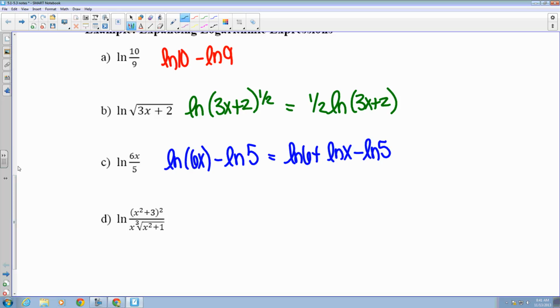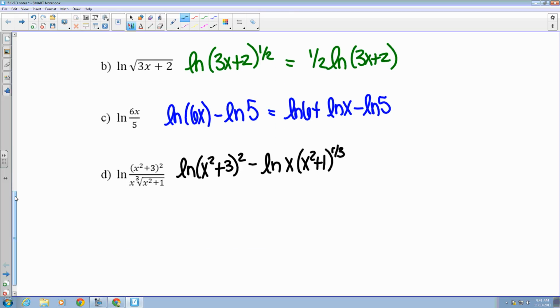And D gets a little bit more complicated. First thing I'm going to do is just turn it into subtraction because we're dividing. Okay, so the next thing is we're going to pull that 2 down.